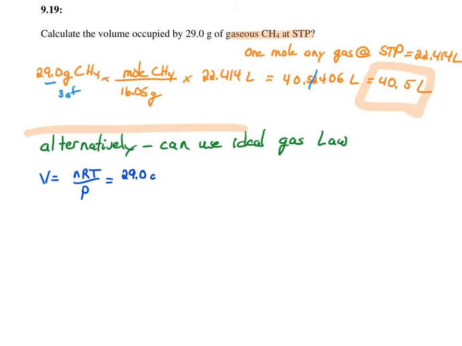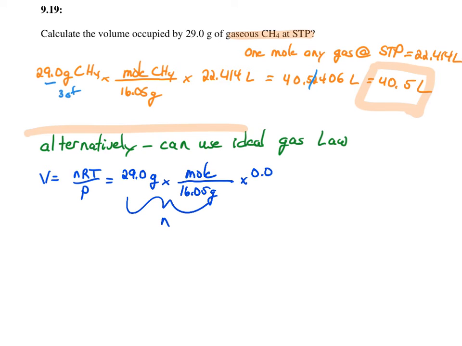So we have 20.9 grams. We know that for methane, 16.05 grams is equivalent to a mole. So this taken together is going to give us our value of n, our number of moles.